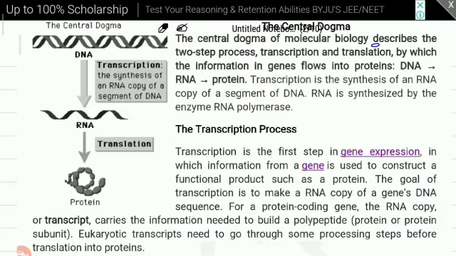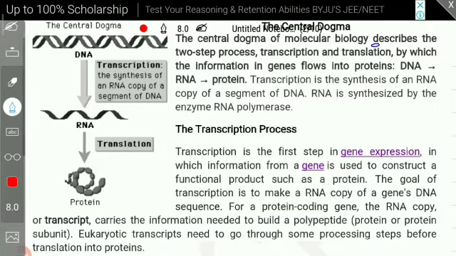So now let us see the first step, that is the transcription process. Transcription is the first step in gene expression. What is gene expression? Gene expression means, for example, you just observe the central dogma diagram at the left corner.